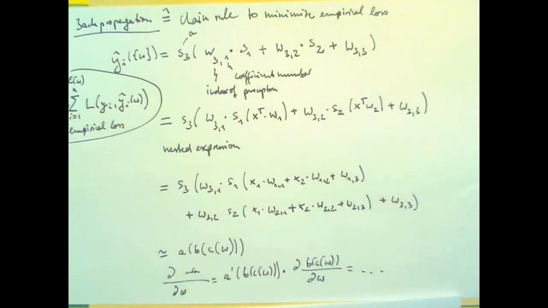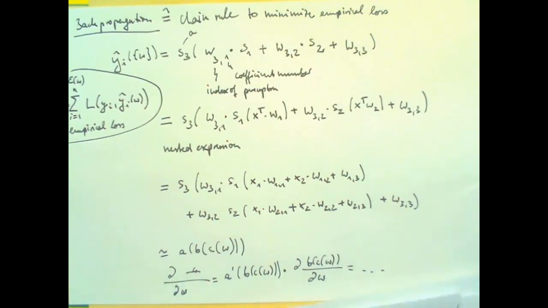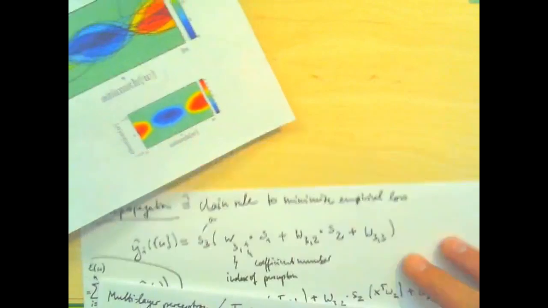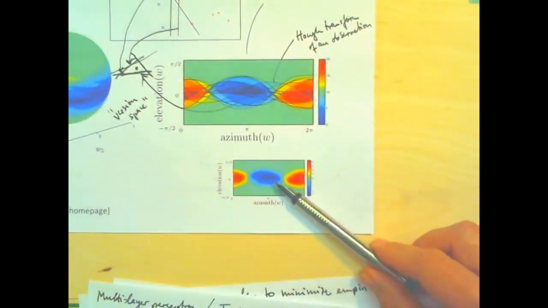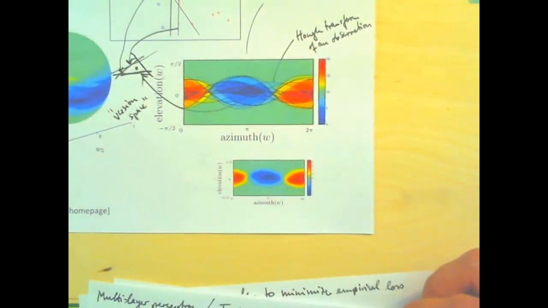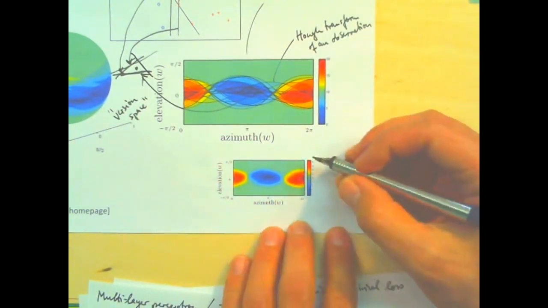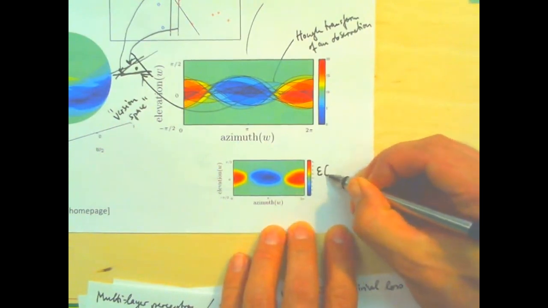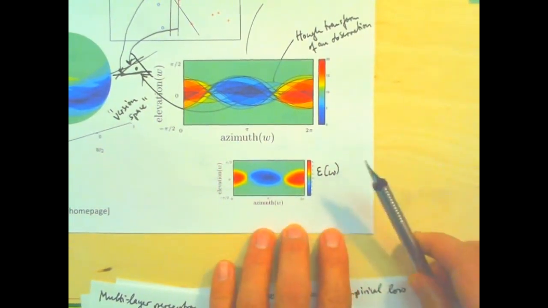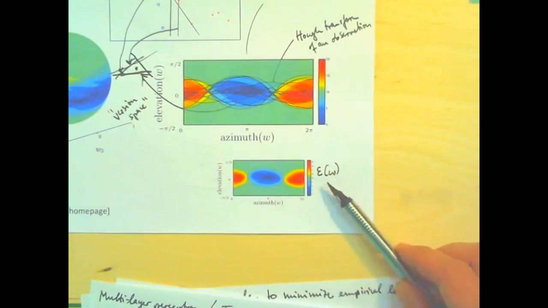So coming back to this picture here. The picture that I had plotted here was just for a single perceptron, the empirical loss. As you now combine more perceptrons to get a neural network, your number of parameters grows.